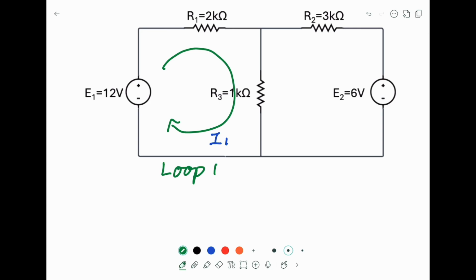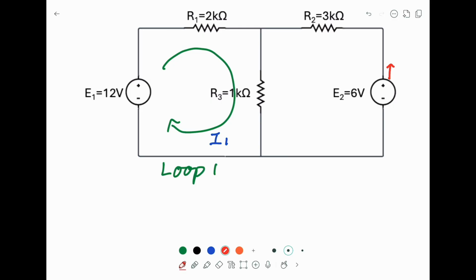And even though you think, okay, the current from the 6 volt voltage source should come from the positive side, remember, mesh current is a fictitious current, so at this stage you don't need to exactly follow the physical current.